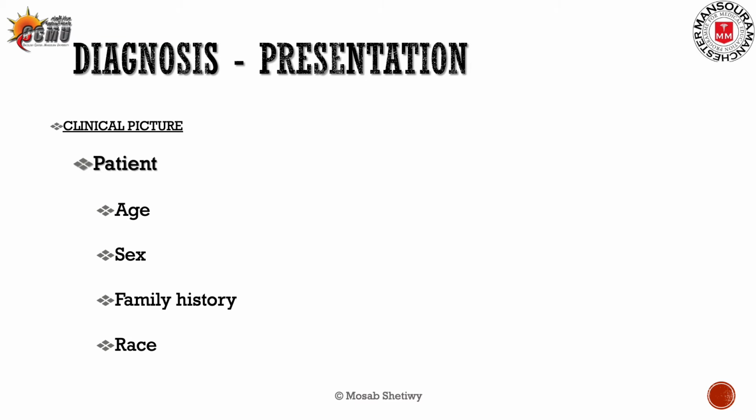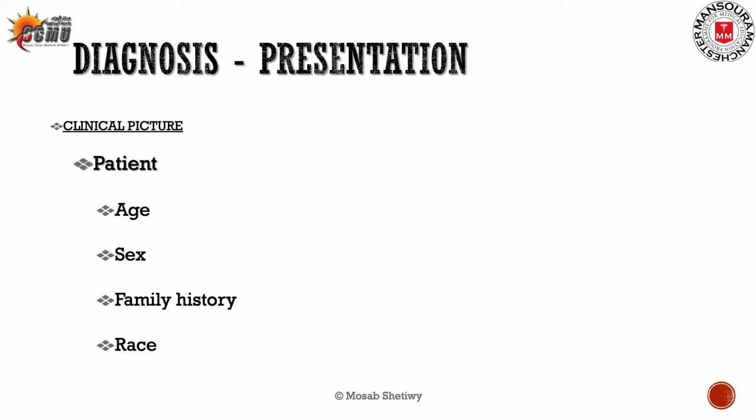So as for the presentation of colorectal carcinoma, the typical age of colorectal cancer is about 50 years of age. Males are more commonly affected than females, especially those who have family history of either benign polyps, adenomatous polyps, or colorectal cancer.